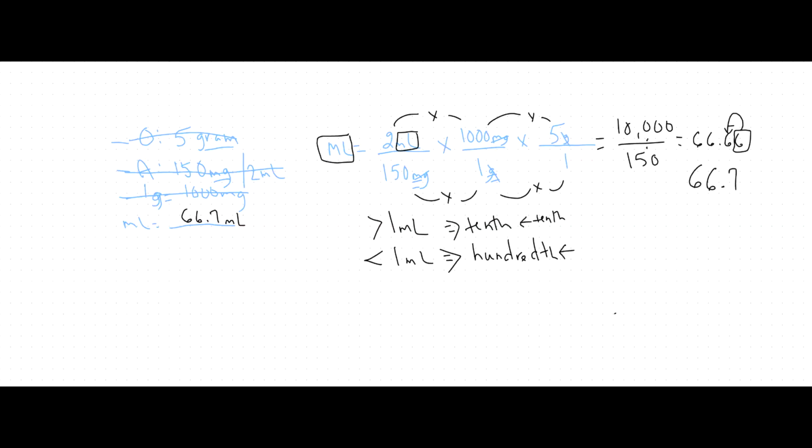Does that make sense? For the rationale, you want to be as accurate as possible, which is why you round to the tenth for greater than 1 ml and to the hundredth for less than 1 ml. Correct. Even if it might not seem like a lot, say we rounded this to a whole number, that's almost a whole milliliter difference in medication.